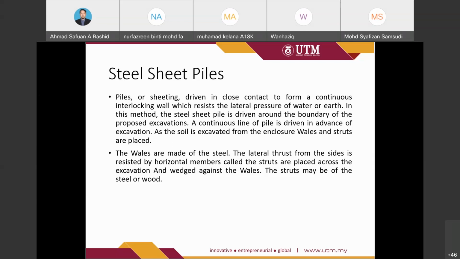The wales are made of steel. The lateral thrust from the side is resisted by the horizontal members placed across the excavation, again the wales. The strut may be made of steel or wood.